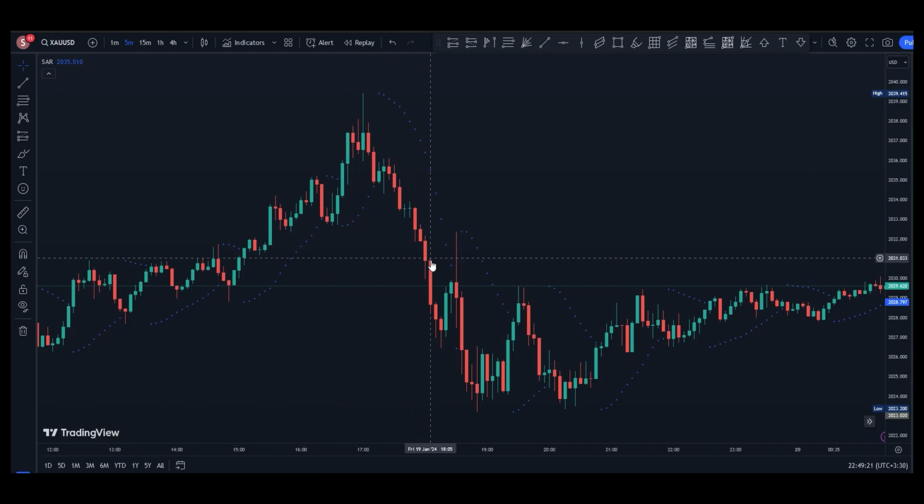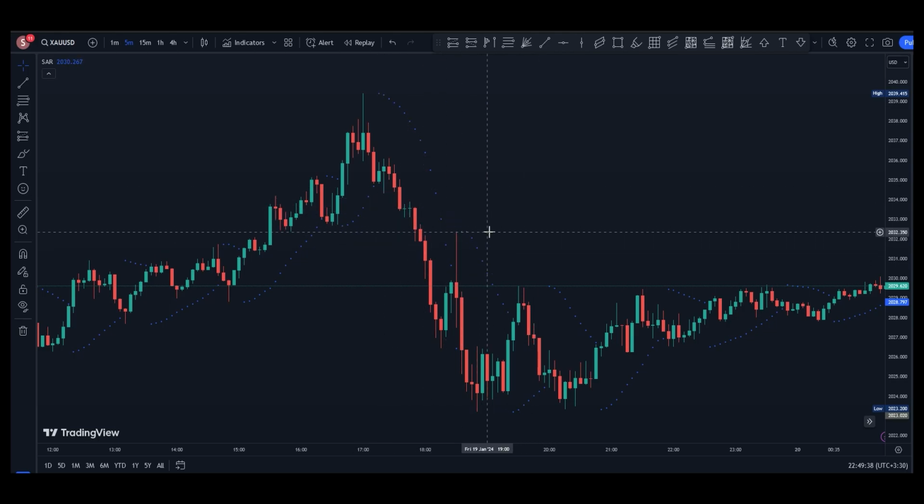The parabolic SAR, or stop and reverse, is an indicator that uses a series of dots above or below the price to show potential reversal points and the direction of the trend.